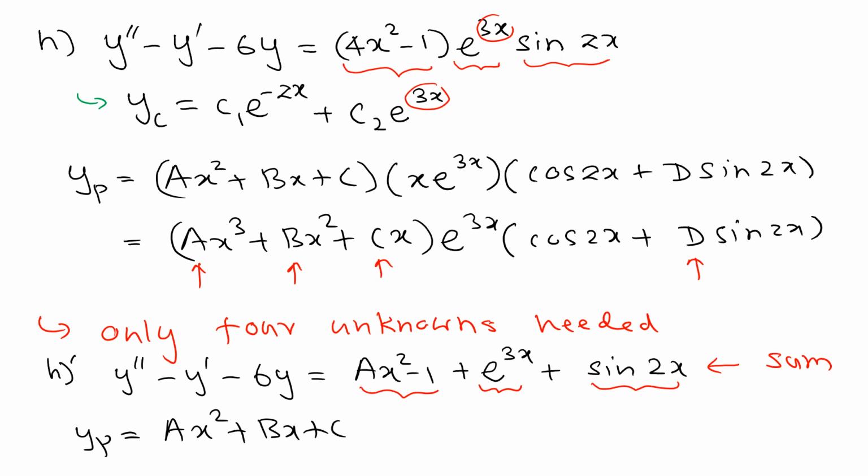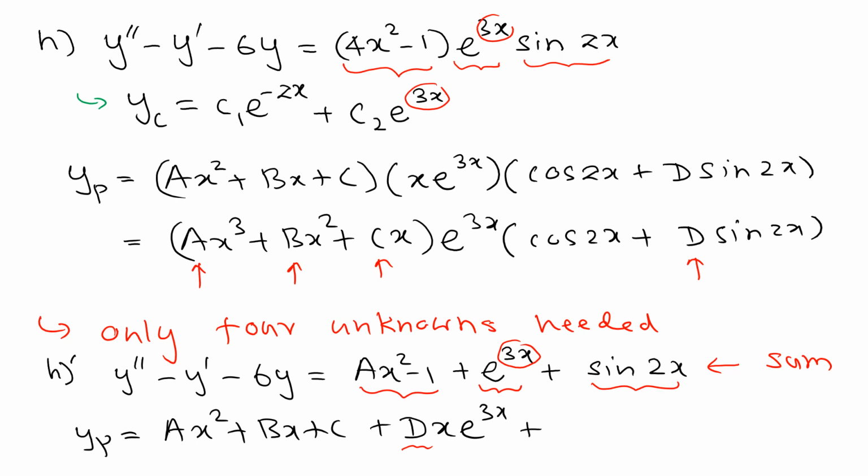And for the exponential part, you can see the 3x appears here, so it is a repetition. You multiply by an extra x, and not only that, you also need a constant here. So it's d x e to the 3x. That's what happens here, because there's no product to carry these coefficients. The same thing with sine 2x, which is going to give you two more variables.